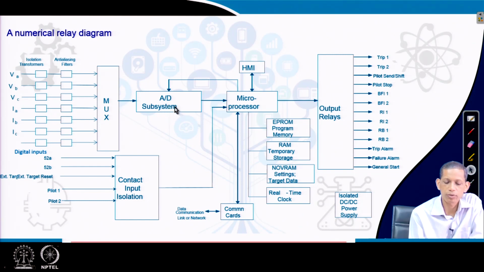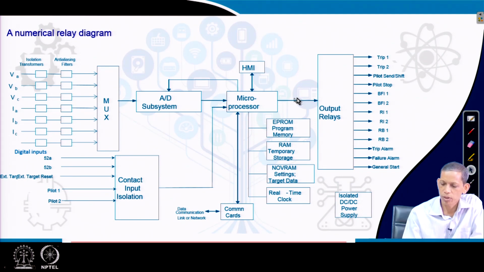That is the requirement, and then this is your processor, which takes the corresponding signal. It requires different memory, for dynamic processing and permanent storage. It has communication cards to communicate with the outside, and, as already mentioned, different digital inputs.